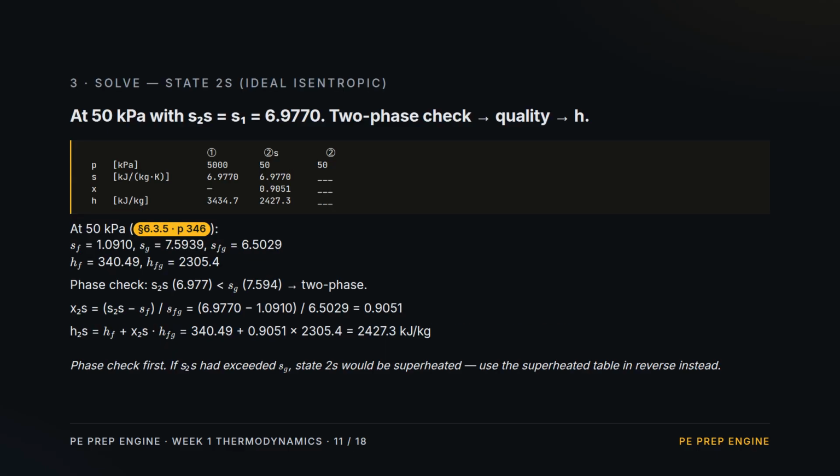The ideal isentropic drop sets S2s equal to S1, 6.977, below Sg at 50 kilopascals, so 2s is two-phase. Quality, S2s minus Sf over Sfg, is 0.905, and H2s from Hf plus quality times Hfg is 2427.3. Always phase check first. Had S2s exceeded Sg, 2s would be superheated.